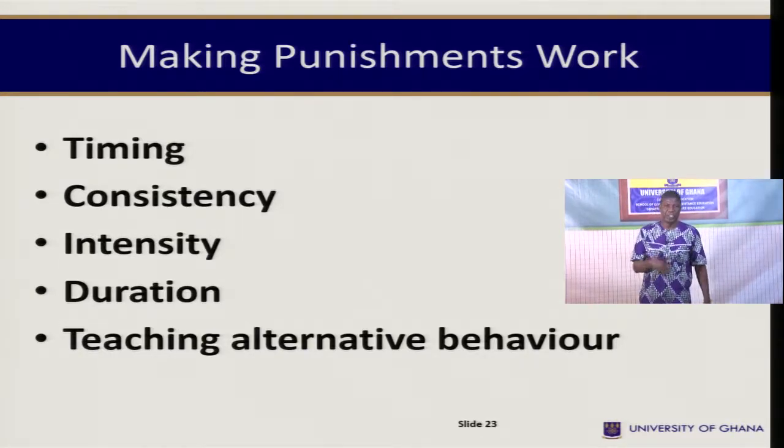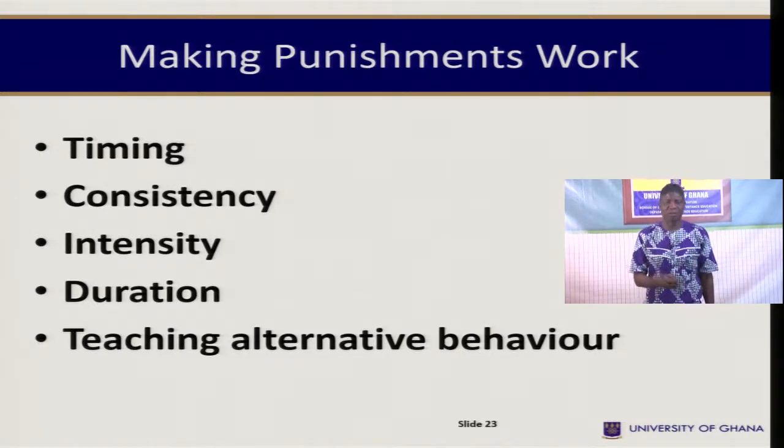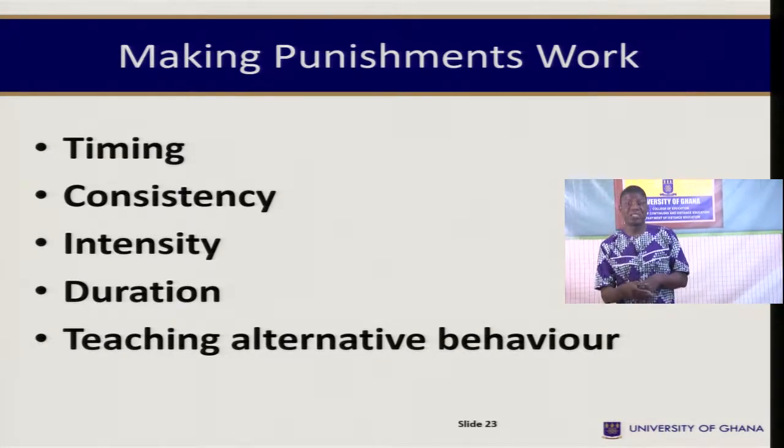And also teaching alternative behaviors can help. Instead of just punishing and leaving it there, it's important to let the person know what should have been the alternative acceptable behavior, so the person will consider the acceptable behavior and not just be left after being punished. So that is it for punishment.